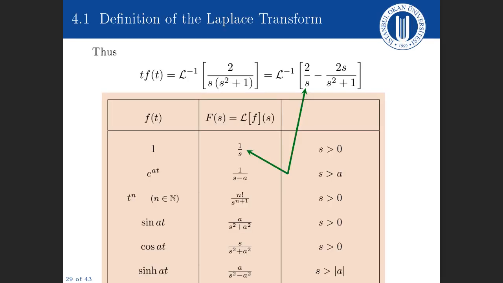For the first term, I have a 1 over s in the table. Don't worry about the constant 2. We'll deal with that later. It's the same type of function as this. What about the 2s over s squared plus 1? And we're not too worried about the number 2. That looks like the Laplace transform of cos at.